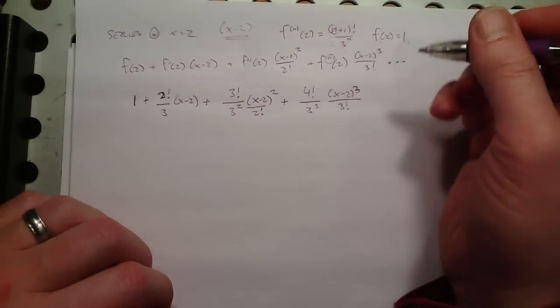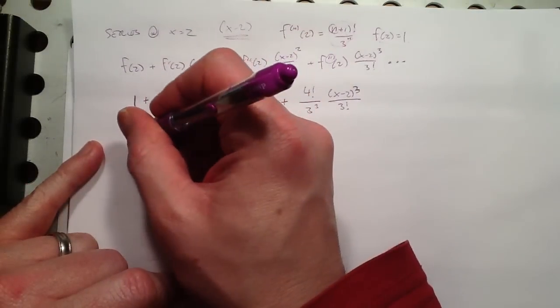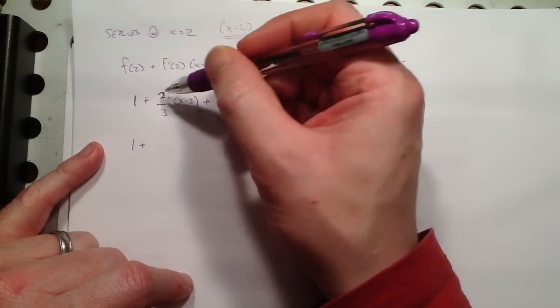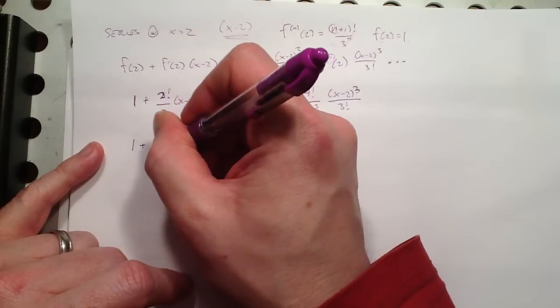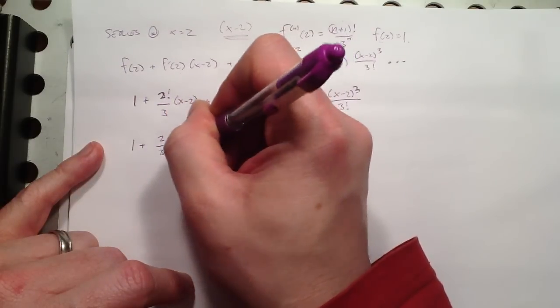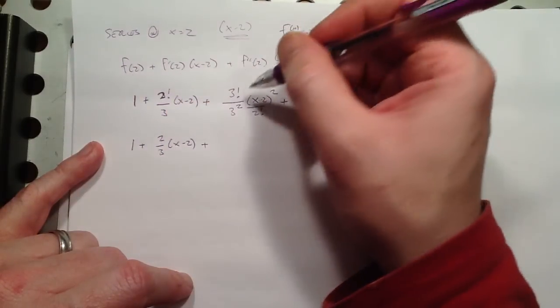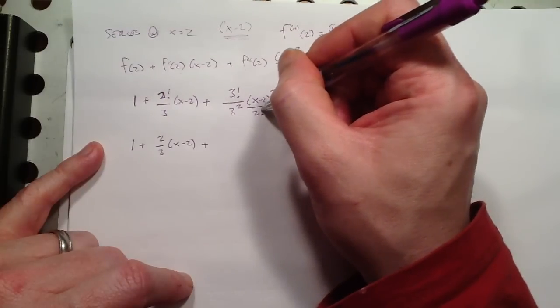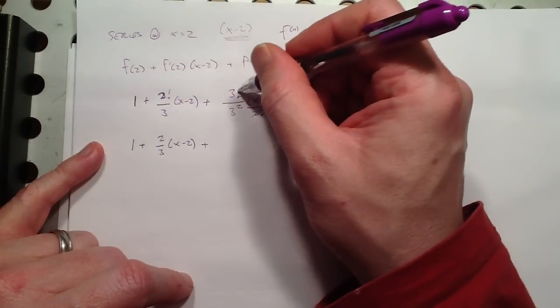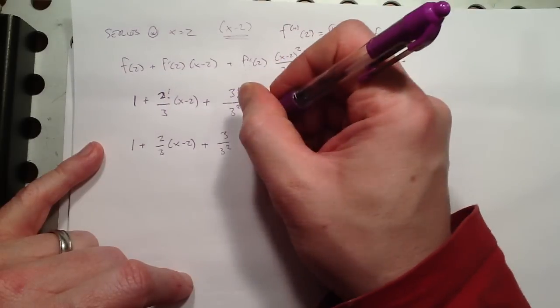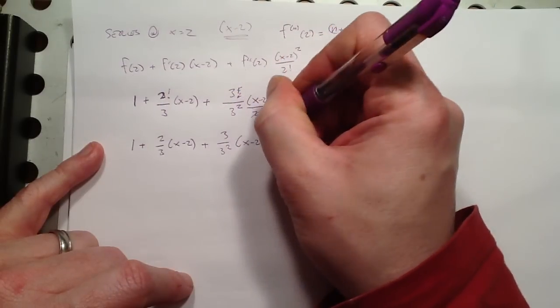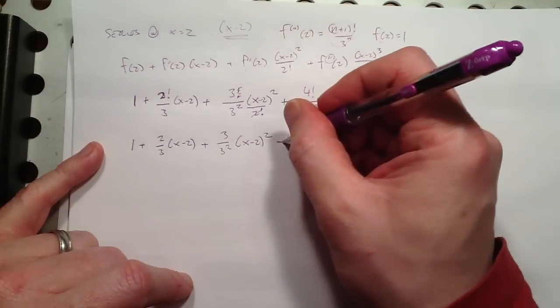So I'm going to simplify. 1 plus, that's 2 over 3 times x minus 2, plus 3 factorial over 2 factorial just leaves a 3 there. That's 3 over 3 squared. I'm just simplifying the factorials.